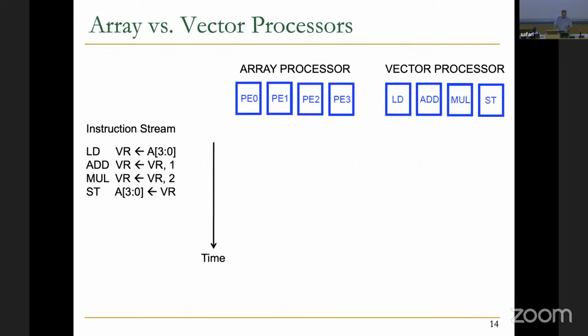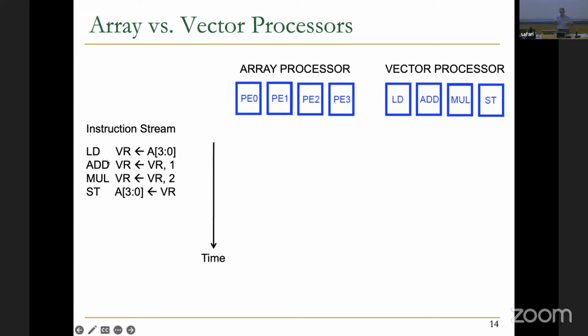Okay, so now let's learn more about array and vector processor. This is a very simple assembly code that I have here for this SIMD architecture. We have 4 instructions, and those are vector instructions. The first instruction is load, which means we want to load a vector of A, the 4 elements of that vector, to a vector register. Basically this instruction loads array A[3:0] to a vector register.